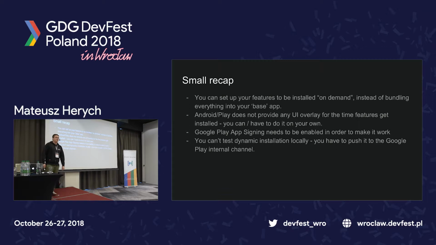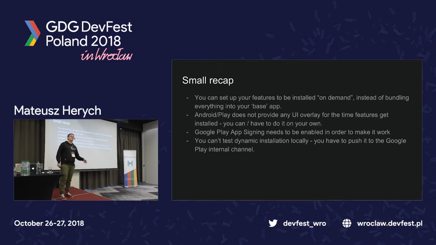Dynamic installation and dynamic feature modules unfortunately cannot be tested locally. If you want to test them, you need to have a Google Play developer account, you need to use the test channel, and then you can test via the test channel. So that's a big disadvantage, because if you want to test those features, it's a little bit problematic.